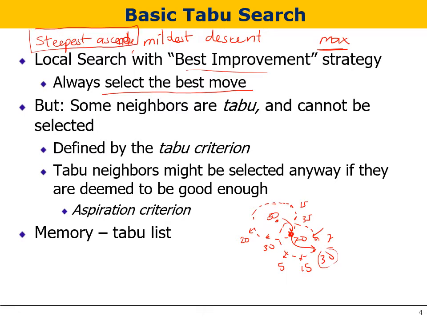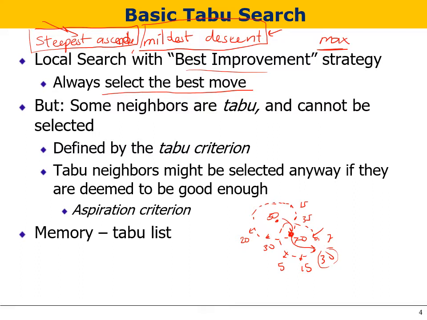So you are selecting the move which has the highest increase. But if it is not possible to increase, then you select the solution which reduces your objective function value the minimum amount, mildest descent. Okay, steepest ascent, mildest descent.